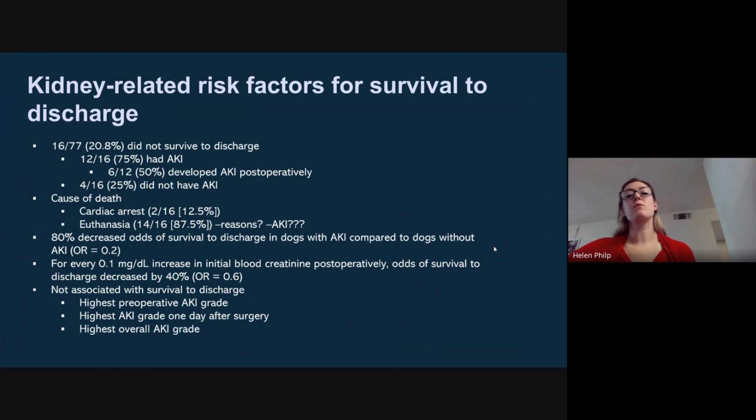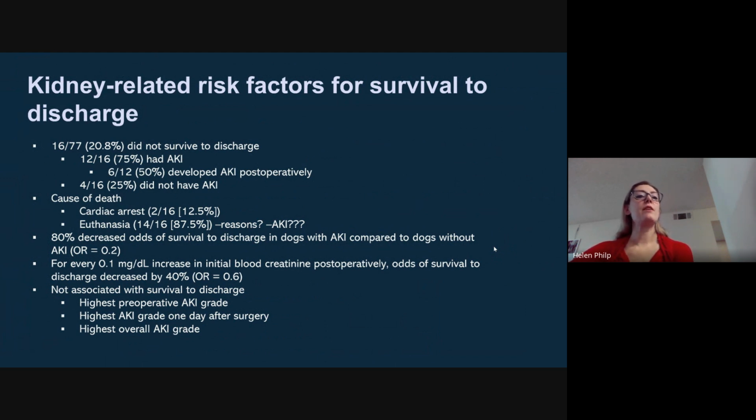Is it that we recognize that AKI is a serious complication in these patients, and so our bias is to say, well, this is a poor outlook, and owners euthanize for that reason? Is it because we predict they have a longer stay in the hospital and so they euthanize for financial reasons? I think it's hard to tease that out from the paper.